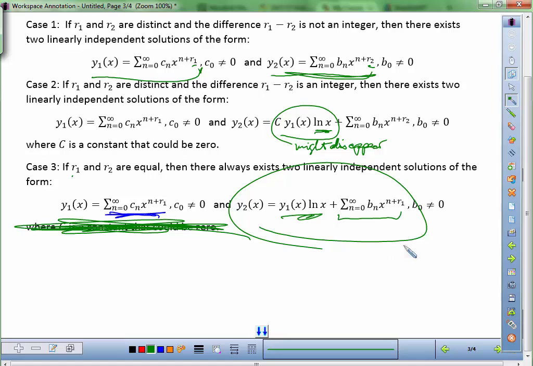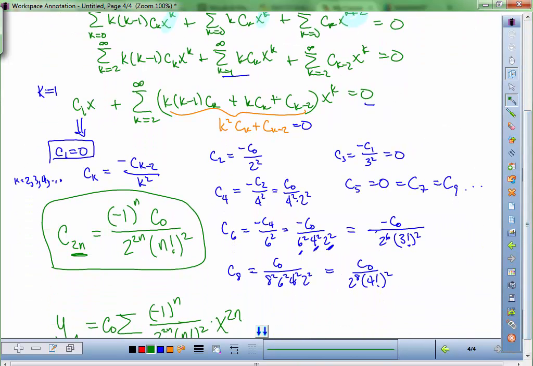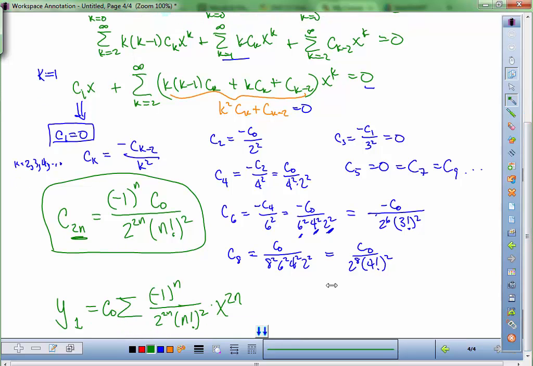The bad news is that to find this next solution is going to be almost as much work as we found the first. It's not as easy as slapping this together, because the b is going to still be unknown. So let's see if we can find a second solution. That's when r is equal to 0.